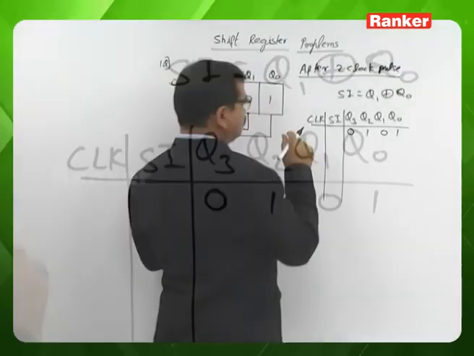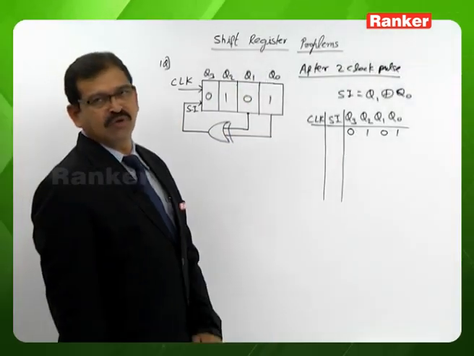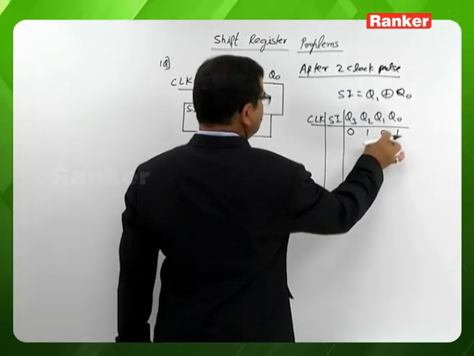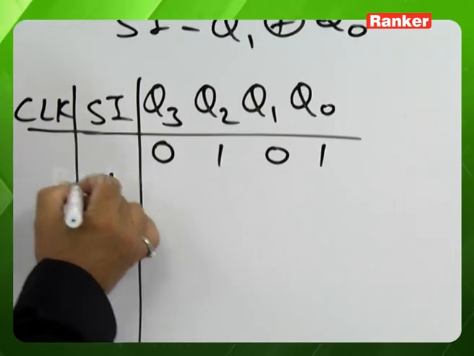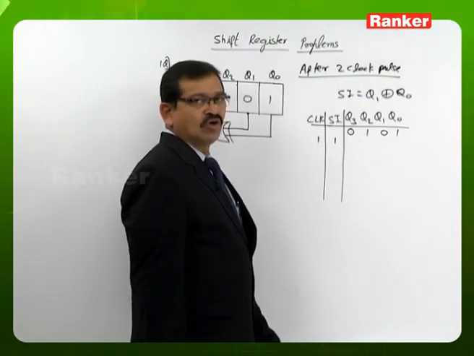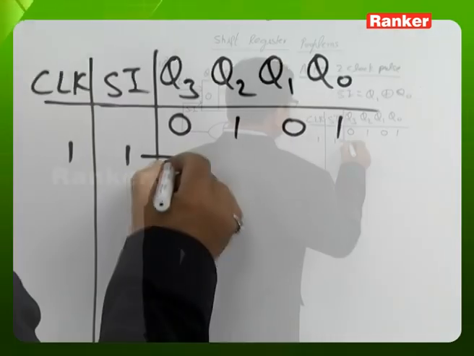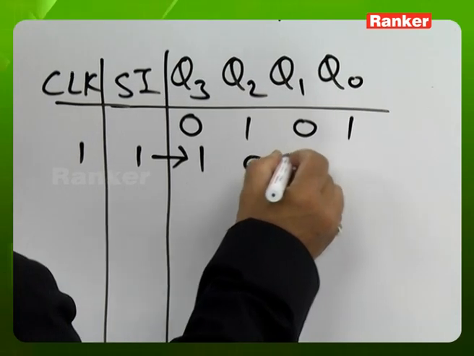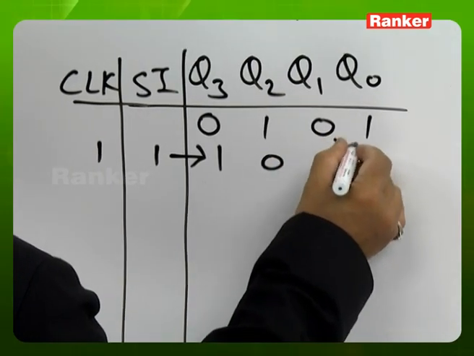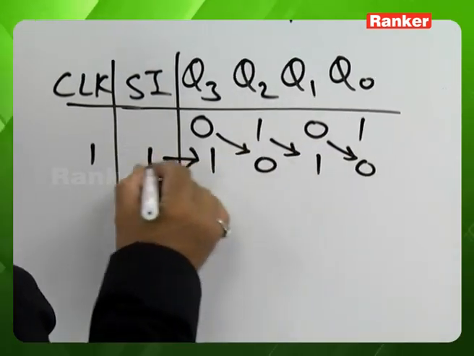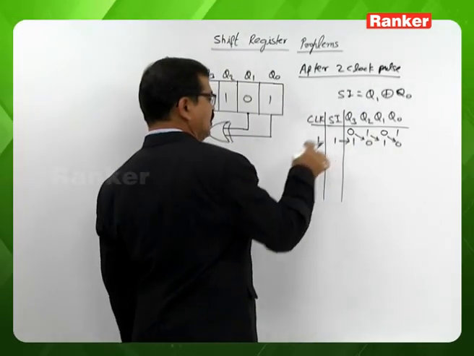Before applying any clock signal, what is the serial input? 0 exclusive OR 1 is 1. So as and when we apply the clock signal, the content in the register is 1, 0, 1, 0. These bits are shifting to the right and the serial input data is coming to the MSB flip-flop.